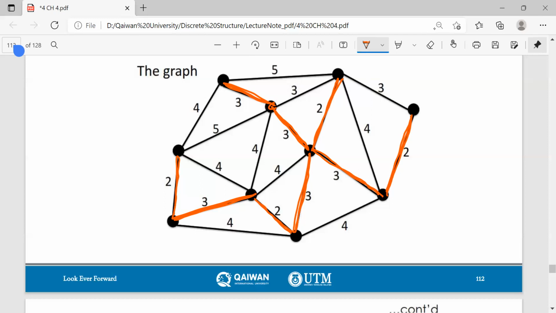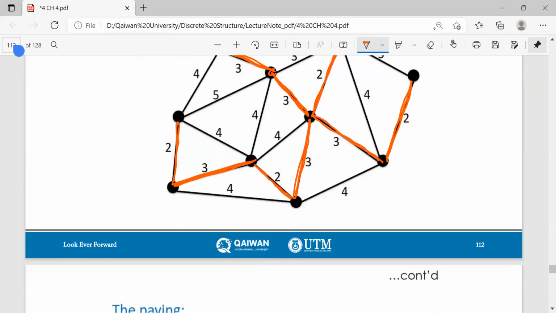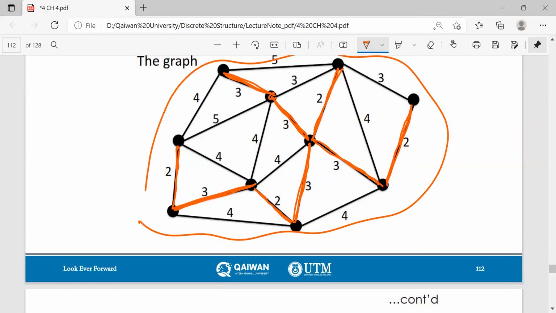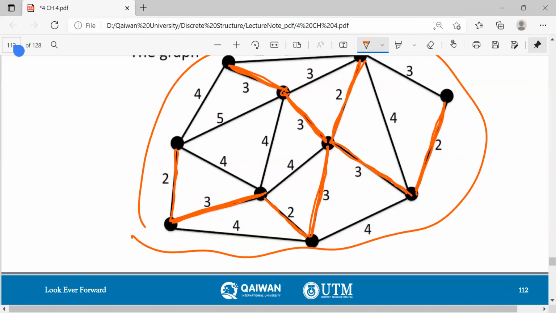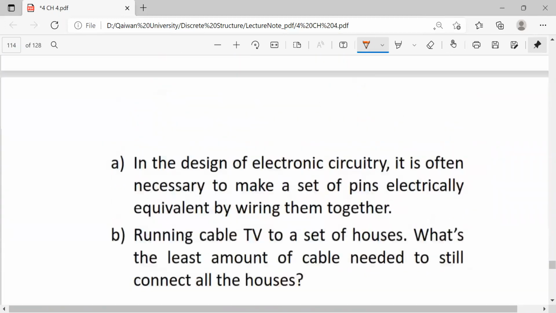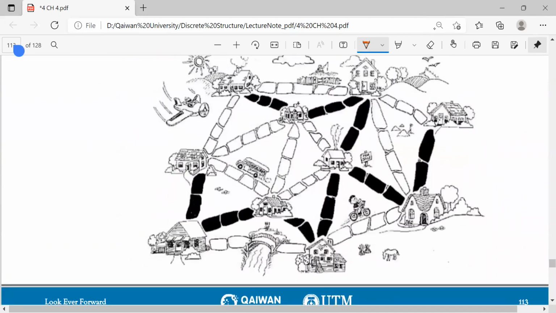As you see, all the vertices are in this spanning tree. All the vertices are in this spanning tree, as you see here. So the spanning tree here is, I'm just going to draw the spanning tree. As you see, that's it.